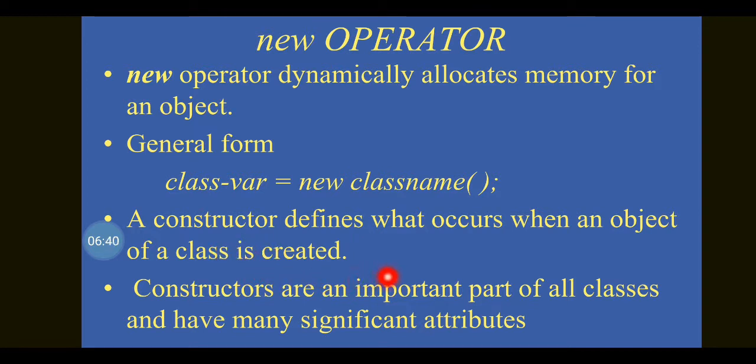Constructors are an important part of all classes and have many significant attributes. We know that the method which has the class name is called a constructor. So after new we have to give the constructor in order to allocate the memory with the help of the new operator.